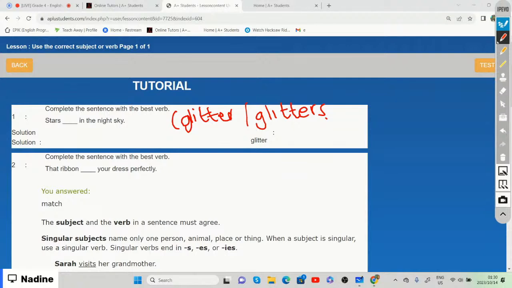So stars, do we say glitter or glitters? All right, so we basically say stars, they glitter in the night sky.